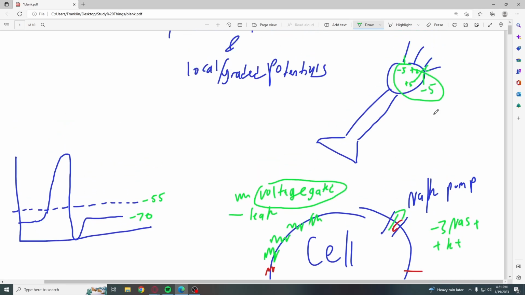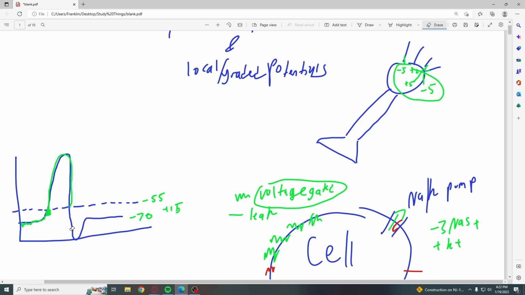So say eventually all these dendrites will add up to +15, and so you'll reach the threshold right here. This is when the action potential happens. Anything above this line, the part in green that I just highlighted, is the action potential. Everything right here is the graded.